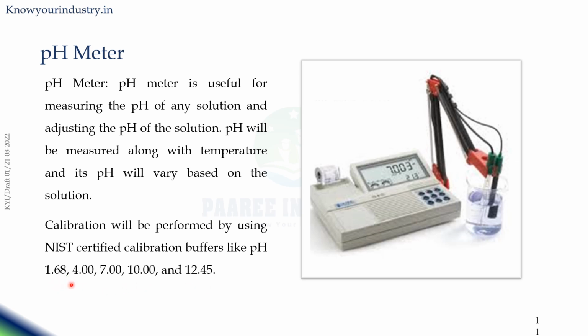The range from 1.68 to 12.45 will be used to calibrate the pH meter. Not only solutions, other liquid forms like suspensions and emulsions can also be analyzed by pH meters.